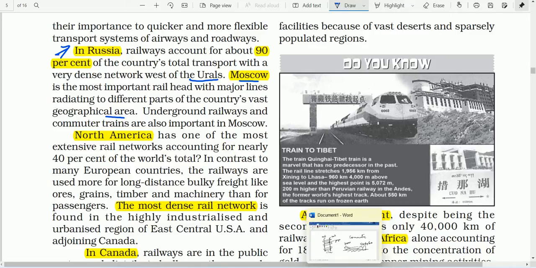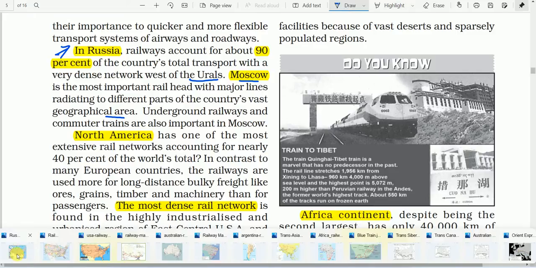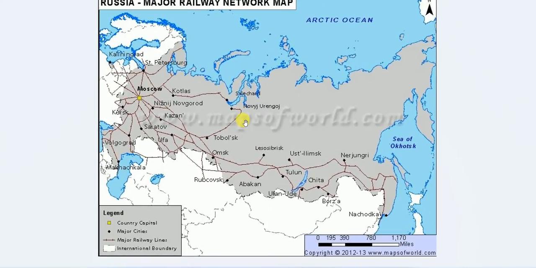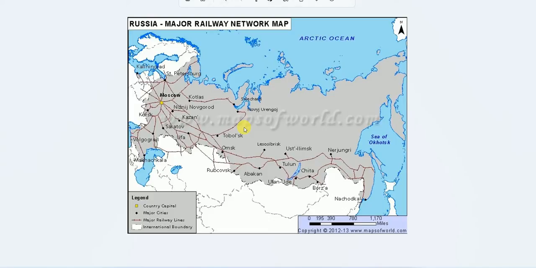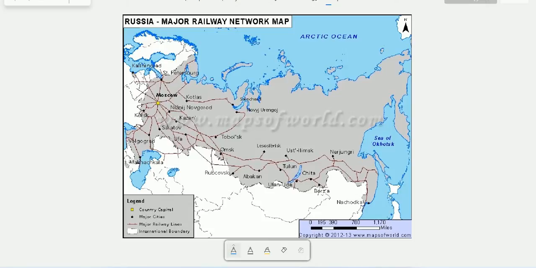Just see here. This is a map showing distribution of railways in Russia. I think Moscow is here. Moscow is here, and from Moscow, so many railways are radiating, as mentioned in the books.